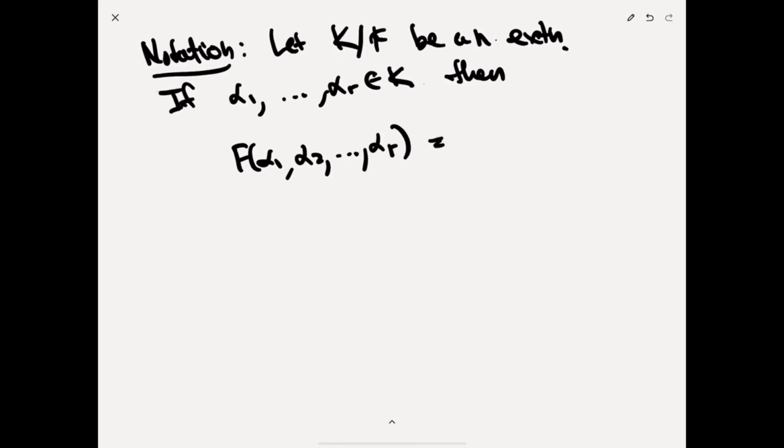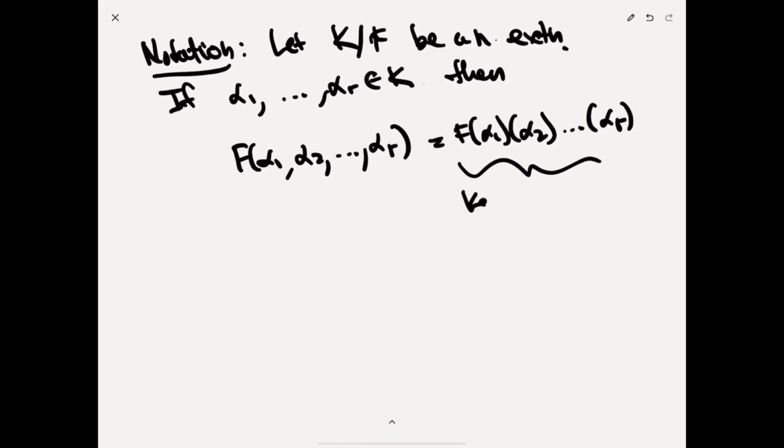What do we mean by this? We mean this is F of alpha 1, then we adjoin alpha 2, and we keep going, and then we adjoin alpha r. So we just successively adjoin more elements.